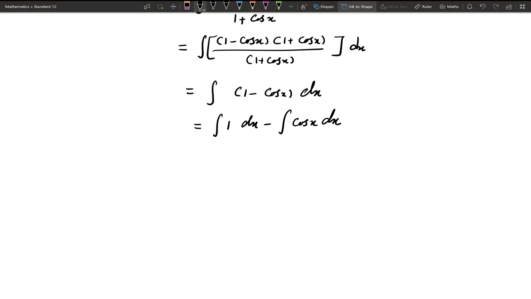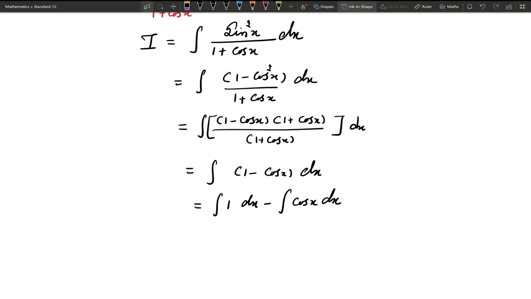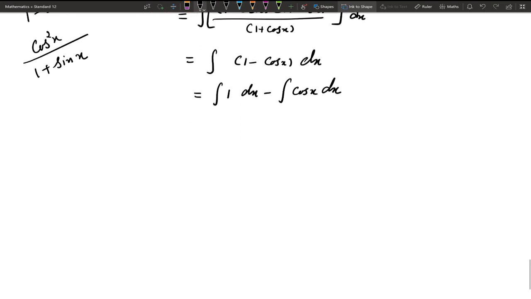So you can also try this integration, cos square x upon 1 minus sin x, or cos square x upon 1 plus sin x, so that you can get the idea that the numerator must be replaced by an identity, and then you can integrate, you can reduce it into standard form.